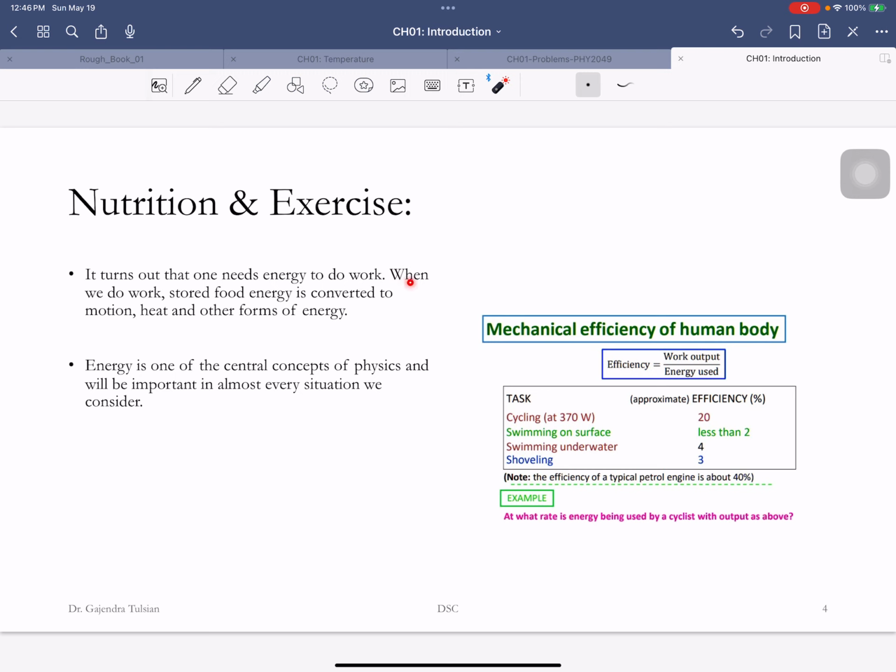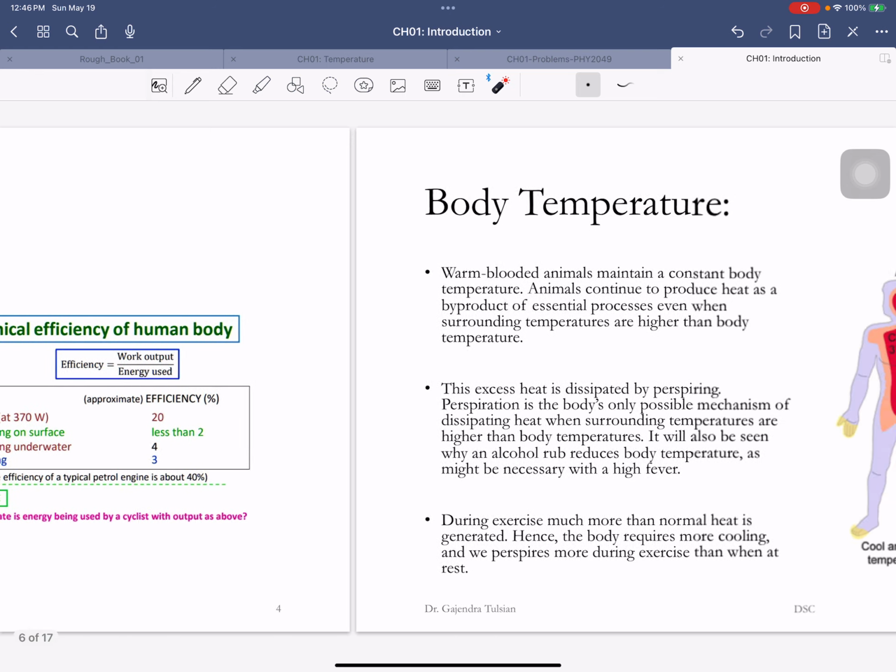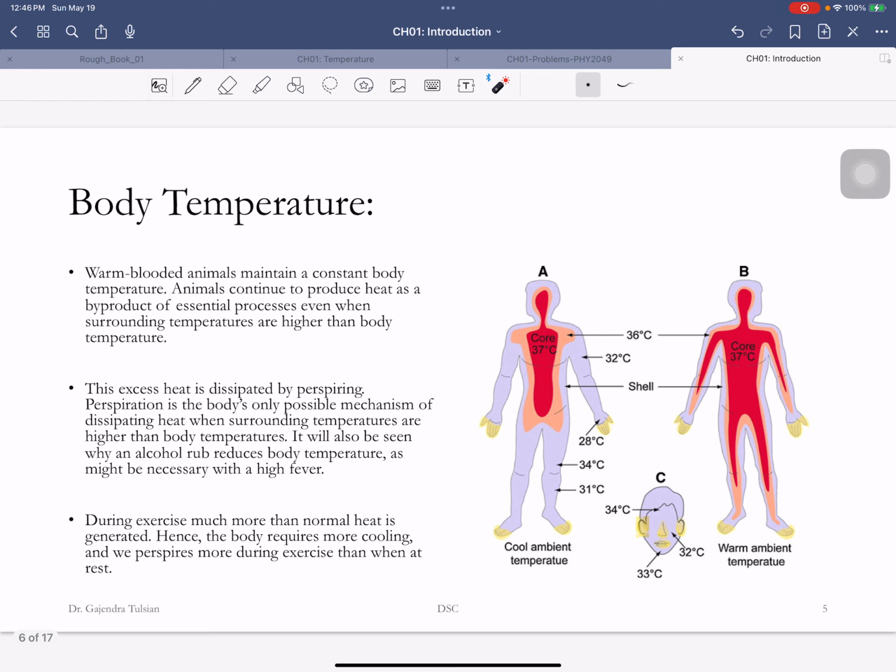So here's what's happening when we do work. Stored food energy is converted to motion, heat, and other forms of energy. We'll talk about body temperature in chapter 5. You can see that we are a warm-blooded animal, and we try and maintain our core temperature at 37 degrees Celsius. Okay.